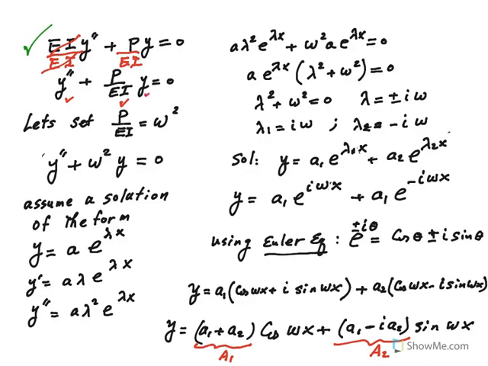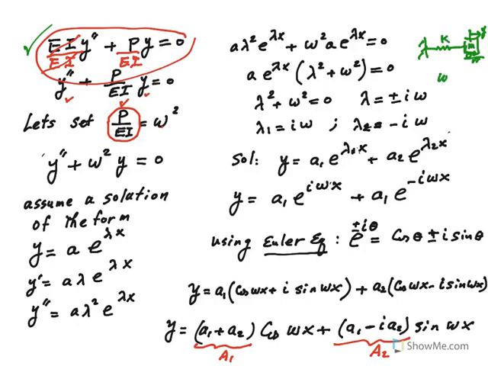Now, for convenience, I'm going to set P over EI equal to omega squared. You might wonder why omega squared. Because actually the differential equation that you see here is exactly the same as the differential equation of a mass connected to a spring like this, given a displacement of y.